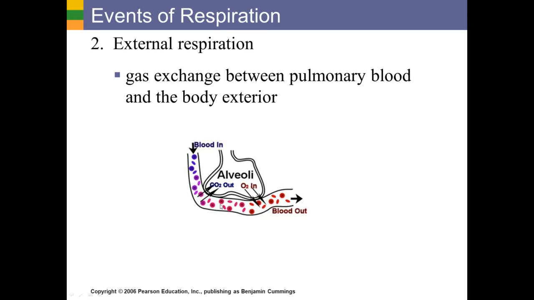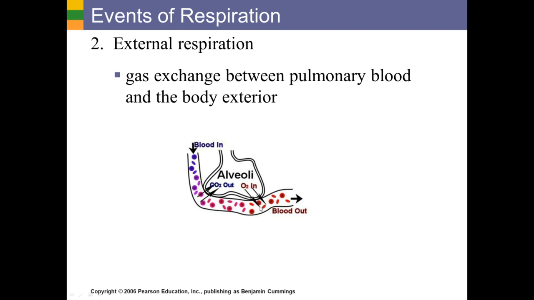So in our lungs, you have these alveoli, these air sacs, right? And along the outer surface of those air sacs, there are pulmonary capillaries. And it's across the walls of pulmonary capillaries and the walls of these air sacs that gas exchange occurs. Carbon dioxide diffuses out of the pulmonary capillaries, and oxygen diffuses in.